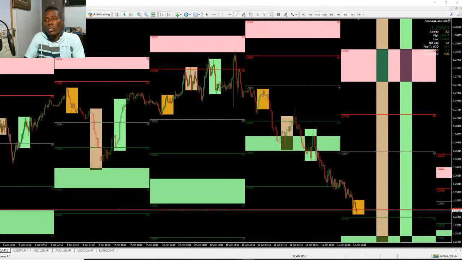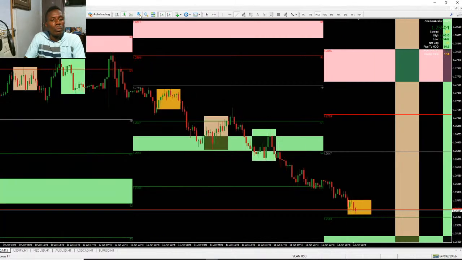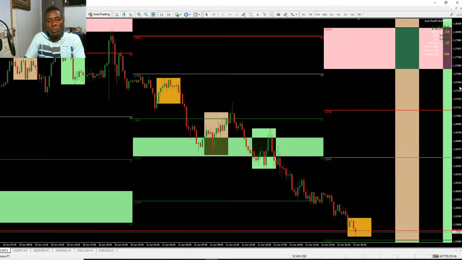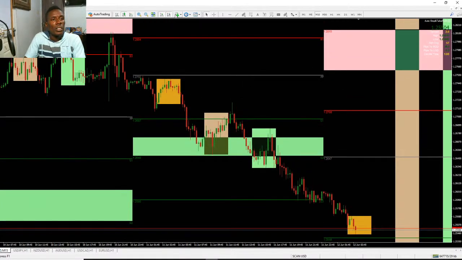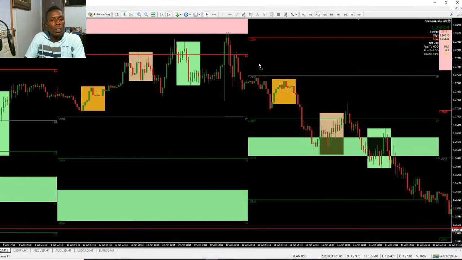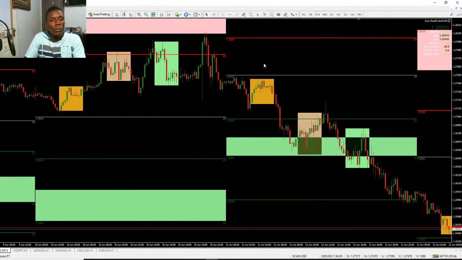So I'm just going to increase the candles, and show you. Can increase it a little bit more.